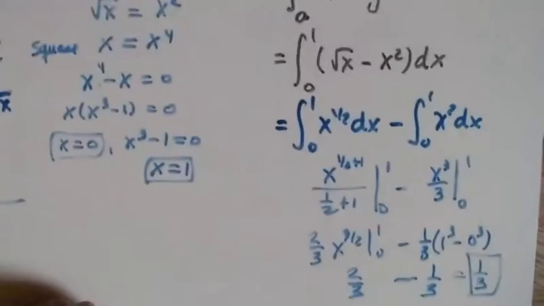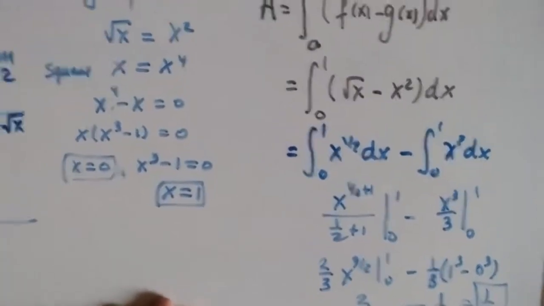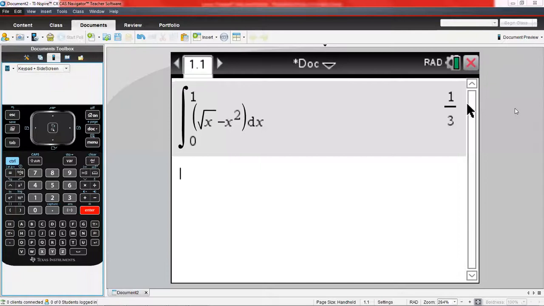My expectation is that you know how to solve these integrals by hand, but you can use the calculator to verify that your answer is correct. You can also possibly use the calculator for graphing.